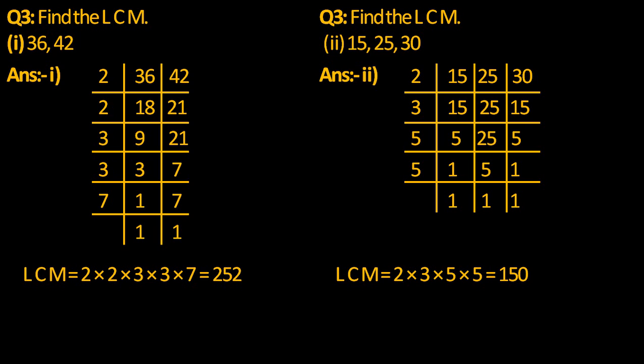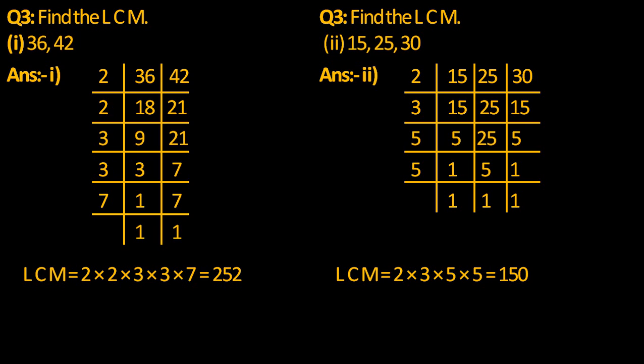Now we'll find the LCM for 3 set of numbers. We have already done this, just a revision. 15, 25, 30. Now 2, 15, they do not have a common factor in them, with 25 also, but 30 is divisible by 2. So 15 carry down as it is, 25 carry down as it is, 2 15s are 30.